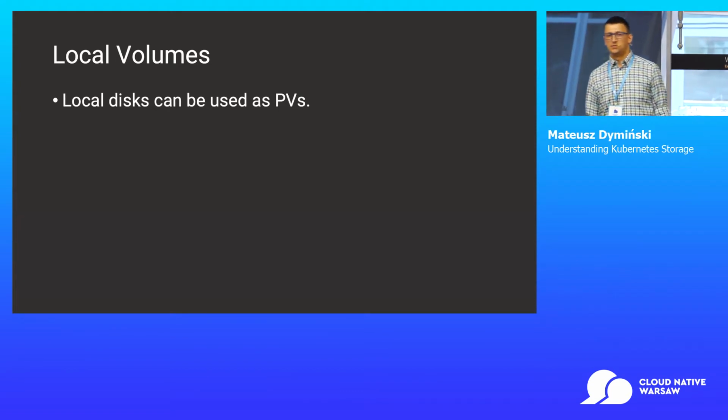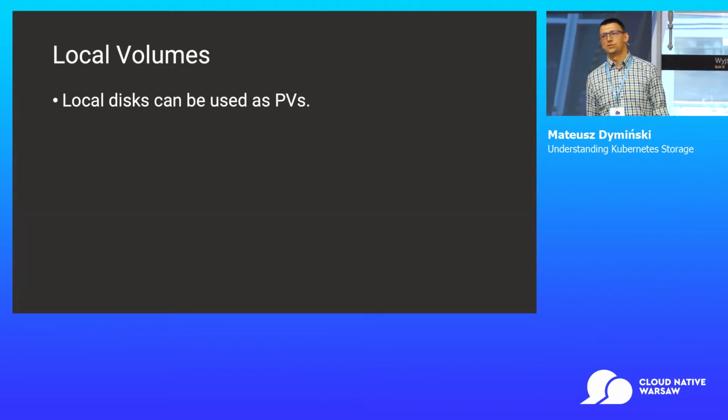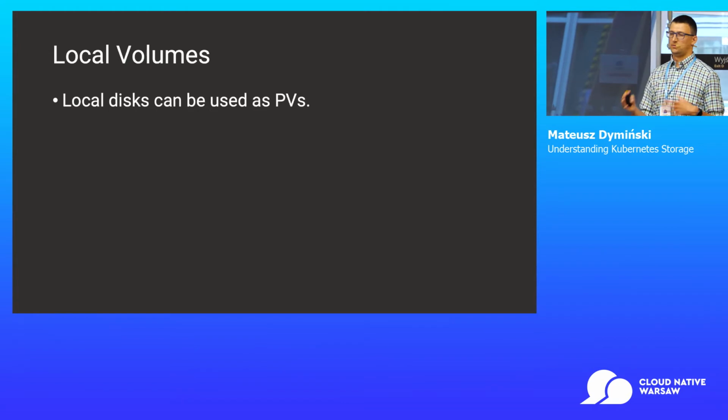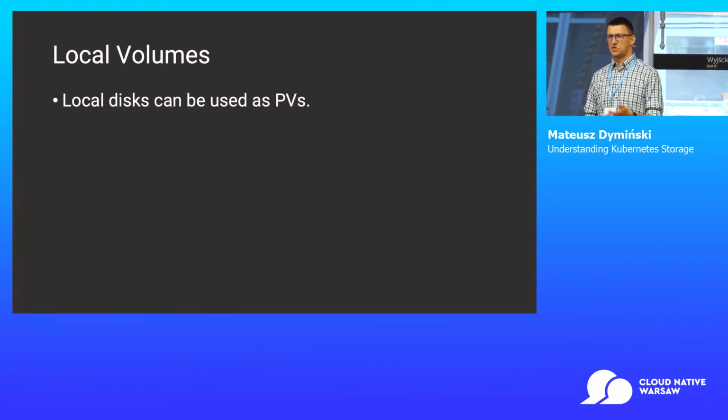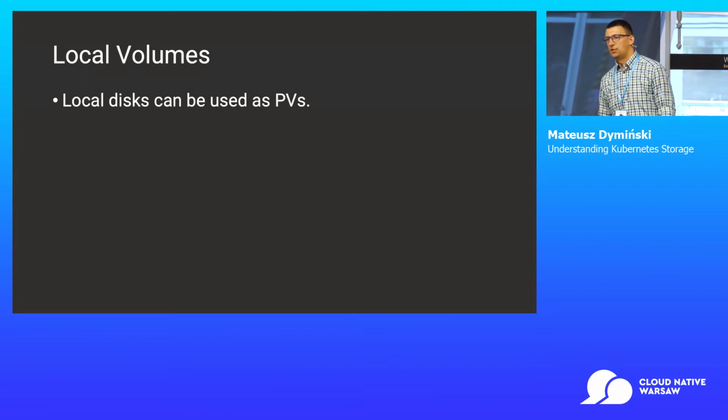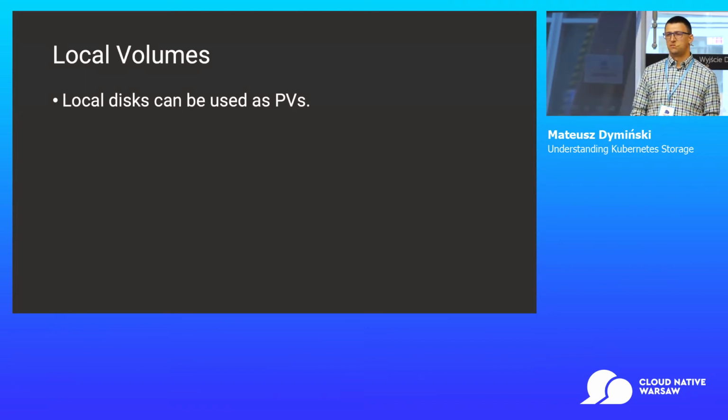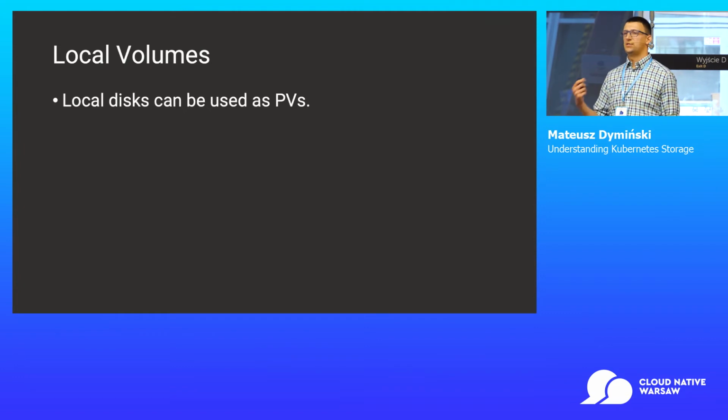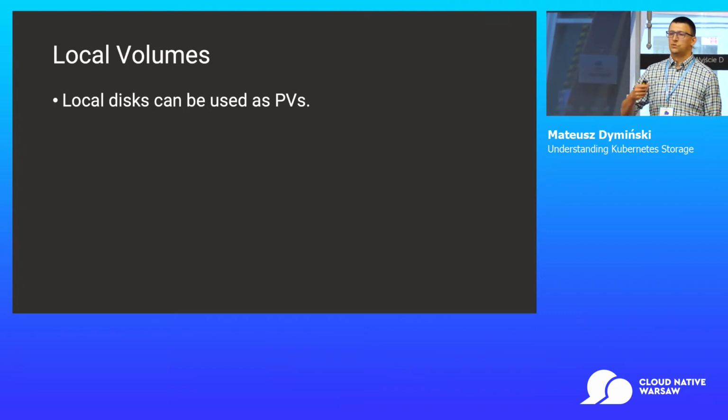Sometimes the end users of Kubernetes notice that when we are running new VMs, those VMs have some nice disks, like a local SSD, and it's really fast. Until now, every persistent volume and persistent volume claim was based on remote storage. That was the standard.